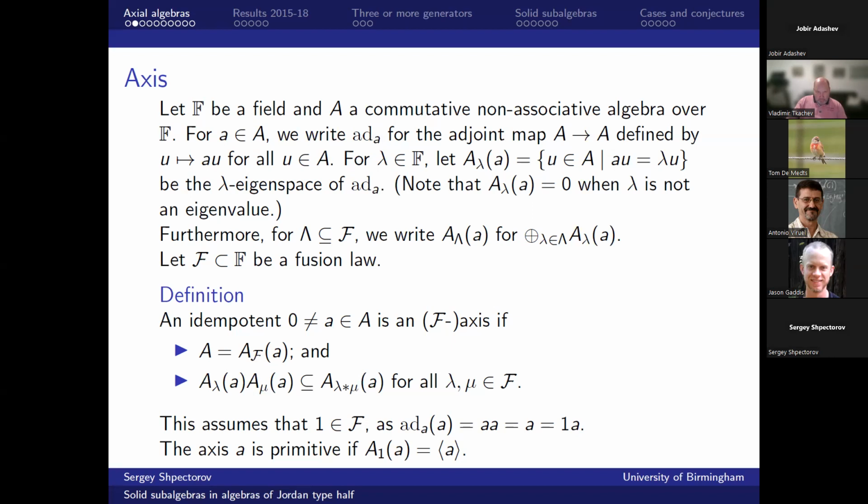If you multiply the eigenspace A lambda with eigenspace A mu, then all the products of eigenvectors lie inside the sum of eigenspaces A lambda star mu of a. In particular, if lambda star mu is empty, then the right side is simply the trivial subspace, so in this case all products are simply zero, as Tom explained.